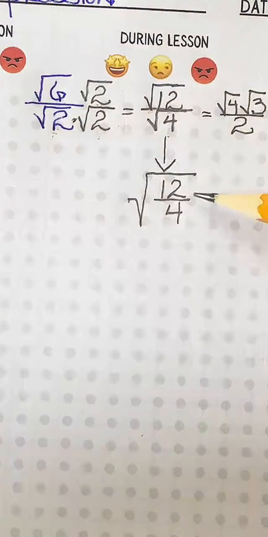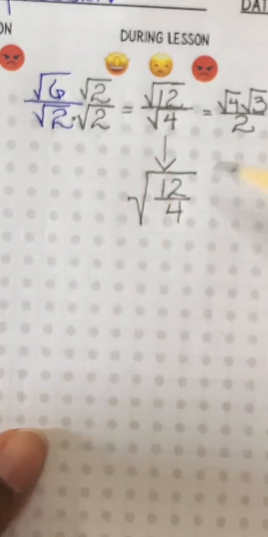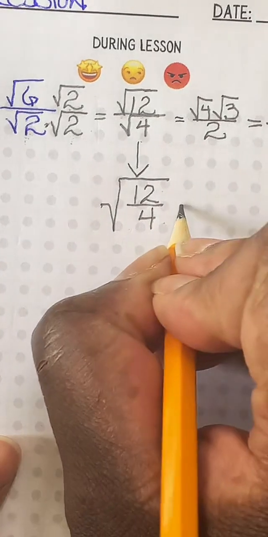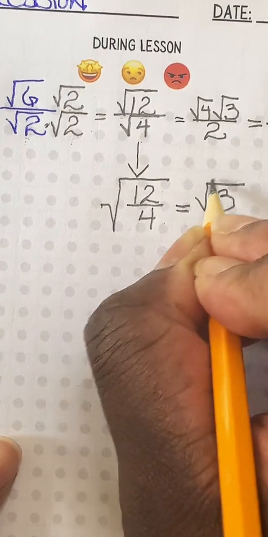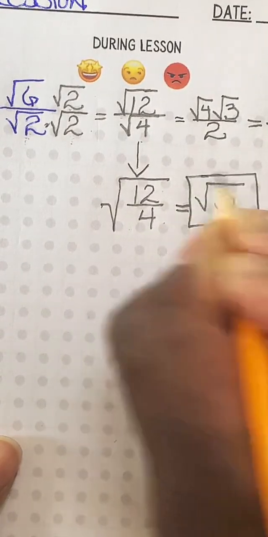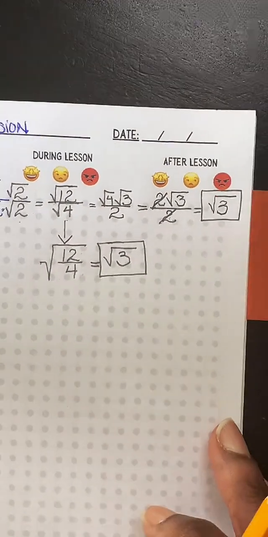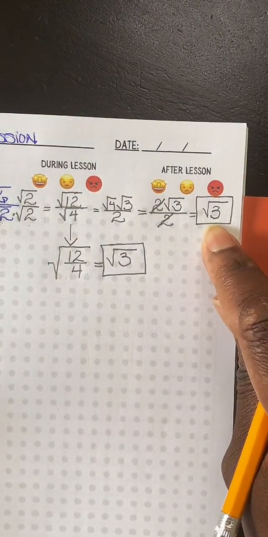Because, well, Audrey, you can't have a fraction underneath the radical. One second. 12 divided by 4 can be divided, which gives me 3. Notice that gave me the same answer as the first time.